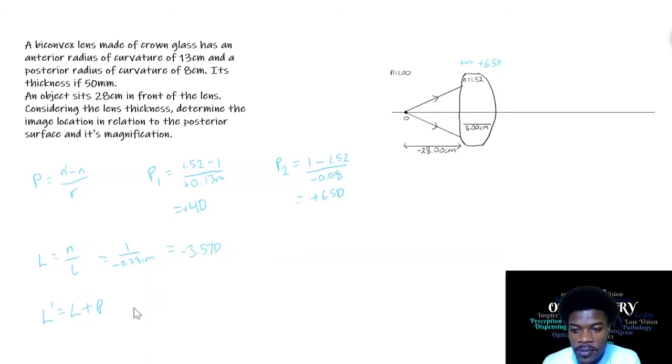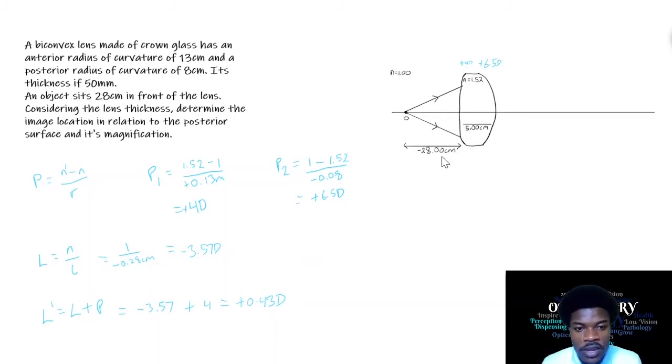We will get for L prime, our image vergence, minus 3.57 plus our 4 diopters. So plus 4, and that, guys, will give us plus 0.43 diopters. And this is our image vergence.